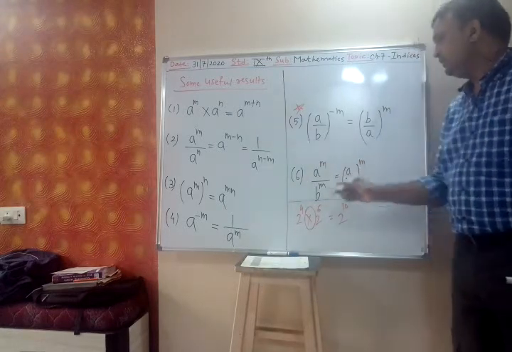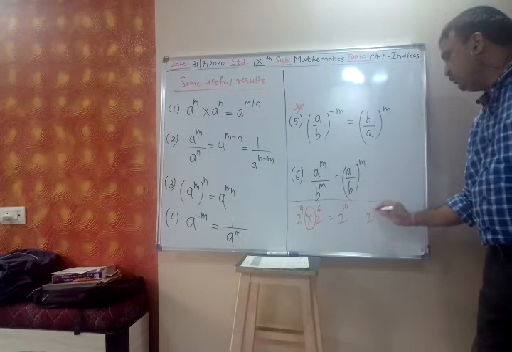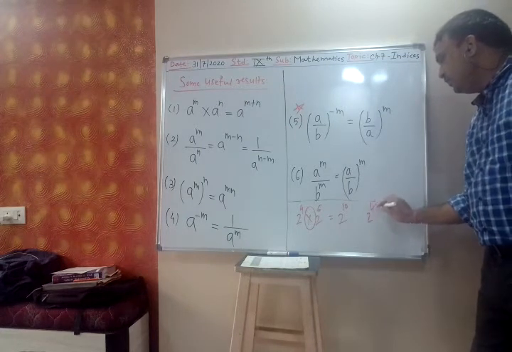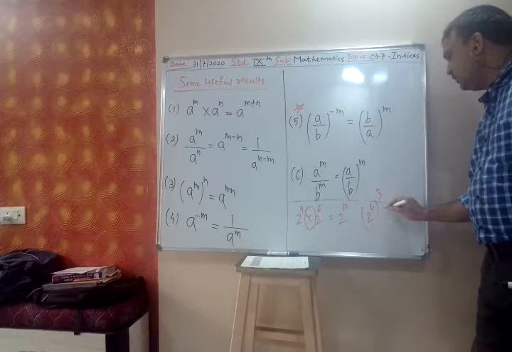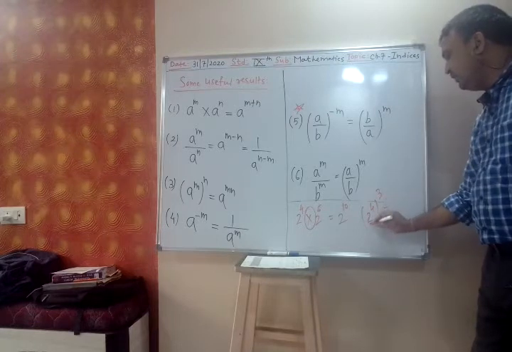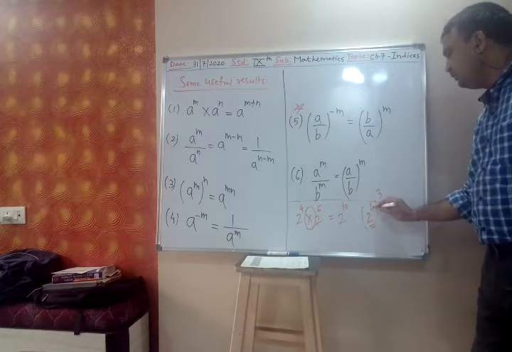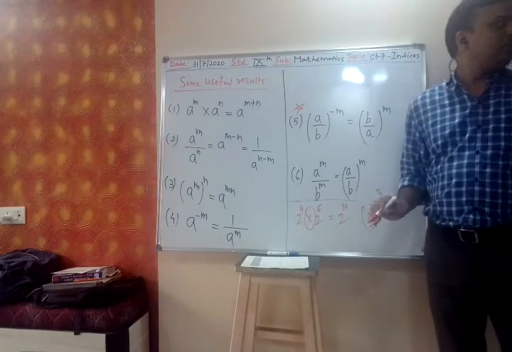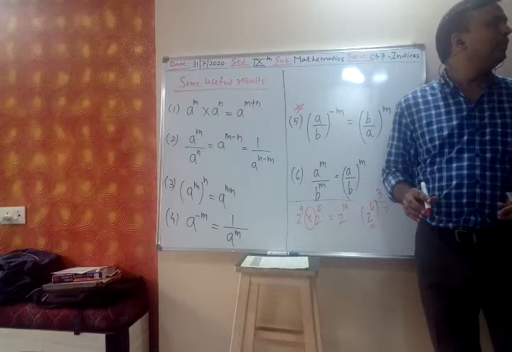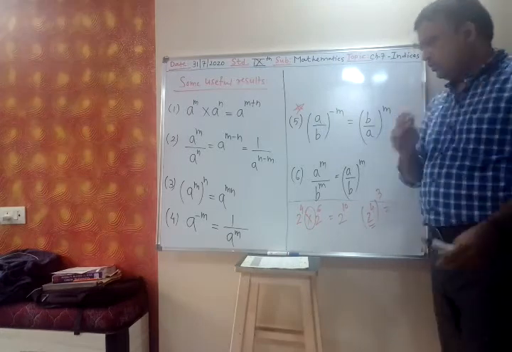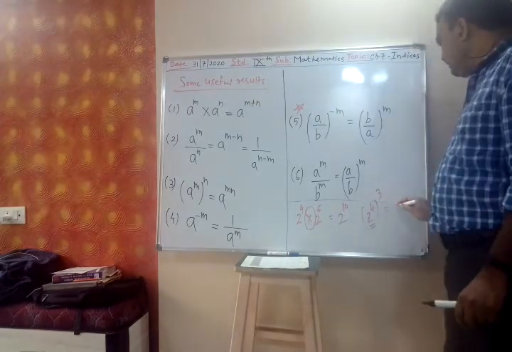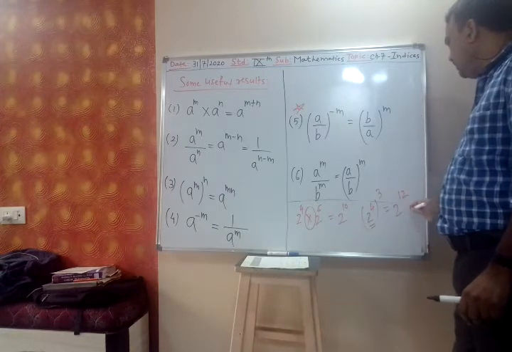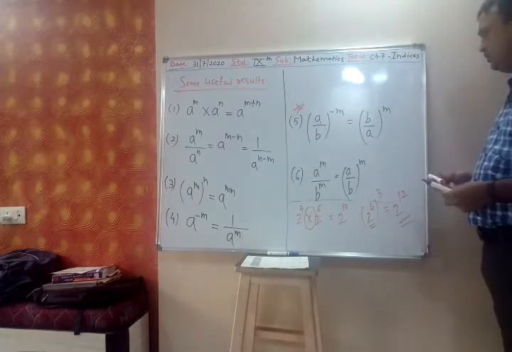Now the third one, if it is 2 raised to 4 raised to 3. So this is 2 raised to 4, the base is 2, the power is 4, and again the power is 3. 2 raised to 4 raised to 3 is 2 raised to 12.